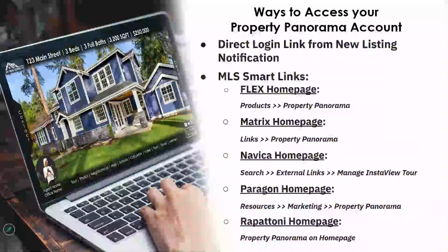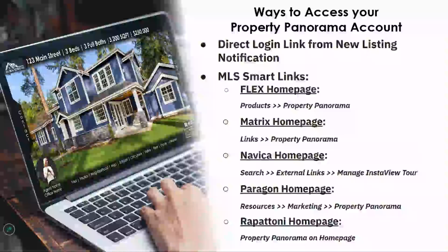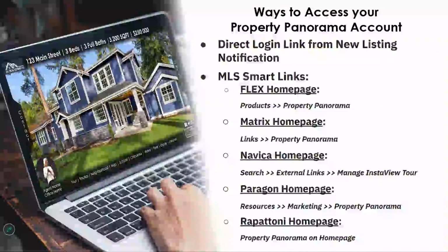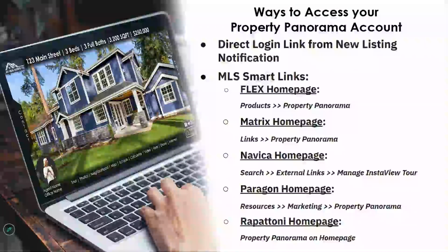Another way you're able to access your account is by using the smart link that's available directly within your MLS. So if your MLS provider is Flex, it would be products and then property panorama. If it's Matrix, links and then property panorama. Now, some of our MLS integrations do have something like a Clarity dashboard or one of the other dashboards that are available.